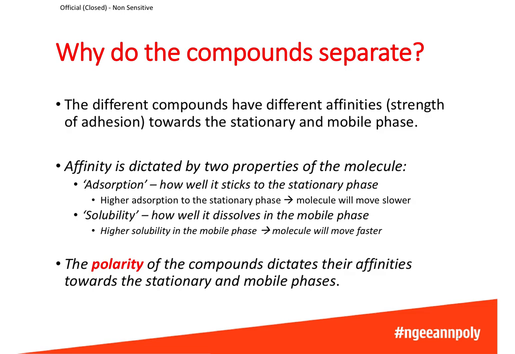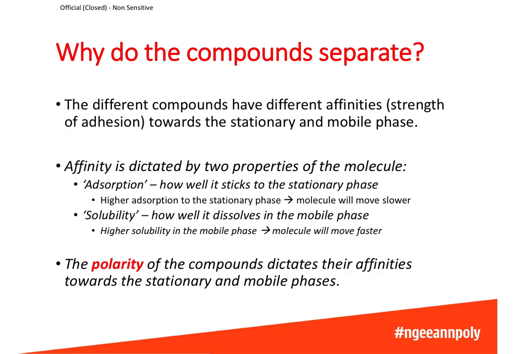So if the compound can stick well to the stationary phase, it has high adsorption to the stationary phase, then the molecule will move more slowly during the chromatography. The other property of the molecule is its solubility, or how well it dissolves in the mobile phase. If the compound dissolves very well in the mobile phase with high solubility, then the molecule can move faster during the chromatography.